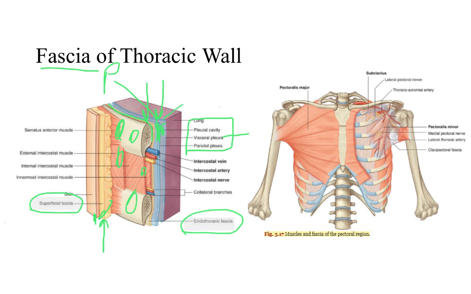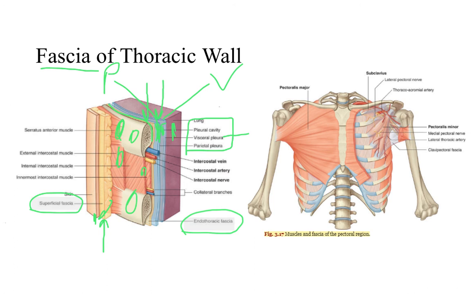And then of course we have the visceral pleura, or visceral pleural membrane. And of course visceral means organ, so that is always going to be the membrane that's directly attached to the organ, and in this case that organ would be the lungs.